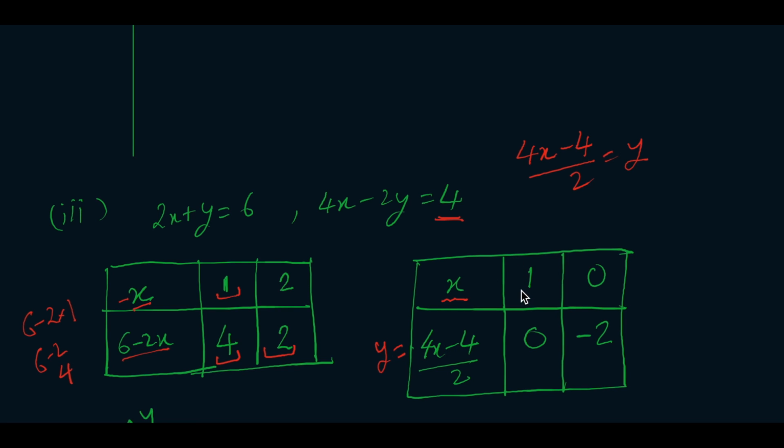Now if we take x equals 1, it is 4 minus 4 and the value of y is 0. Now if we take x equals 0, the value will be minus 4 over 2, which is minus 2. So now we have the points and we will plot the lines, and wherever the lines intersect, we will get the solution.